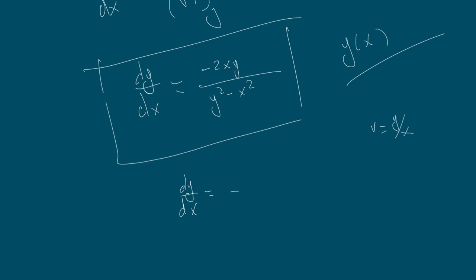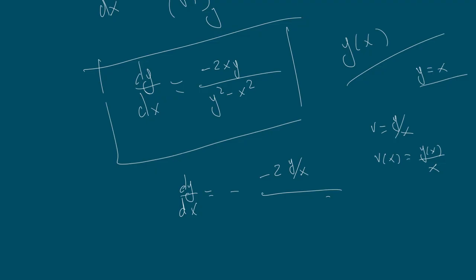V of x is y of x divided by the line y equal x. So for the derivative of y with respect to x, let's see if this is homogeneous. We divide the numerator by x squared, and we have 2 times y divided by x.